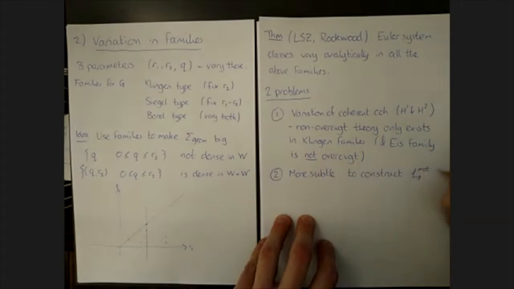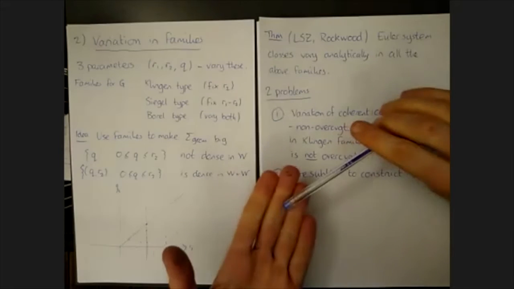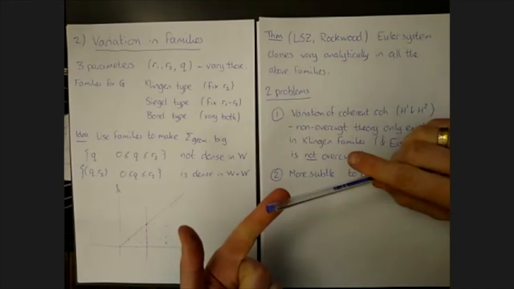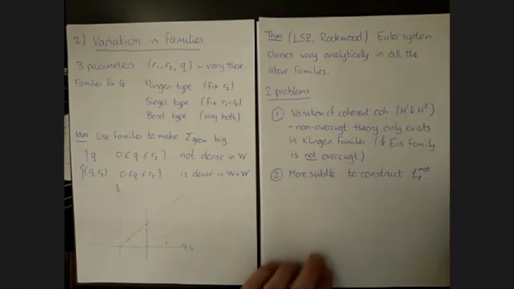And this is about how we construct LP Motivic. So to construct LP Motivic, we used a family of cohomology classes, we used a regulator map, and we used a comparison isomorphism.